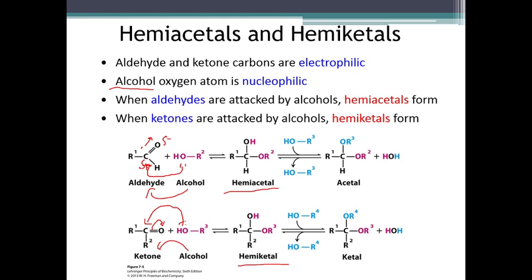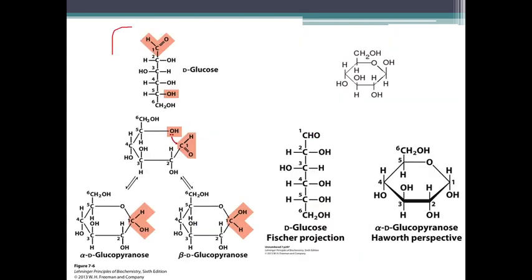So here is how cyclization of D-glucose happens. If you consider a linear or Fischer projection of glucose, the hydroxy that is on carbon 5 attacks the carbonyl carbon, which is the aldehyde on carbon 1. Now, this structure is shown in a different way.